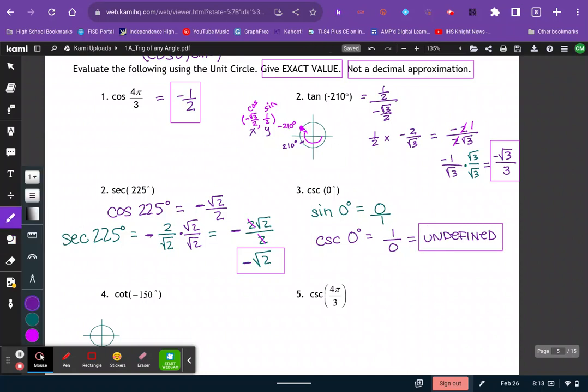So if a trig function is equal to 0, its reciprocal pair is going to be undefined, and the converse is true as well. If a trig function you have is undefined and you want to find its reciprocal pair, then that pair will be equal to 0.